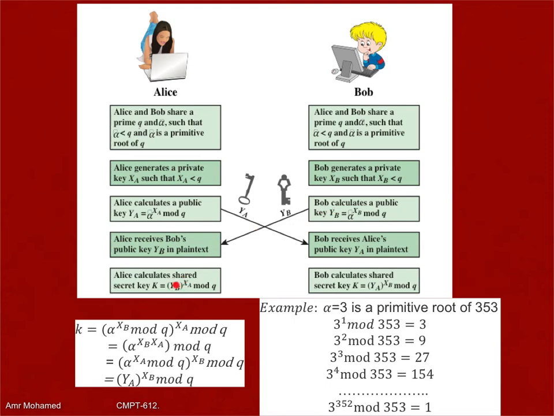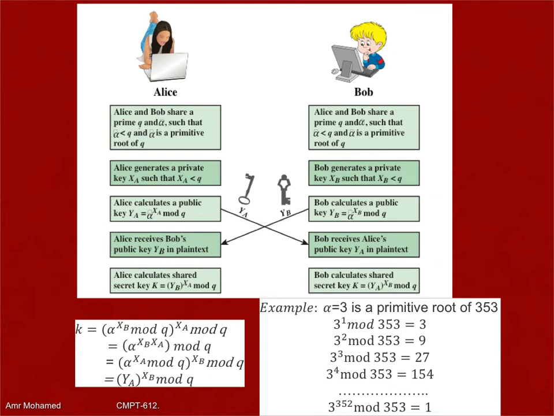So if we substitute YB from here, YB becomes alpha to the power xb mod q, all to the power xa mod q. Using again the multiplicative property is very important here. So it becomes alpha to the power xb times xa mod q.